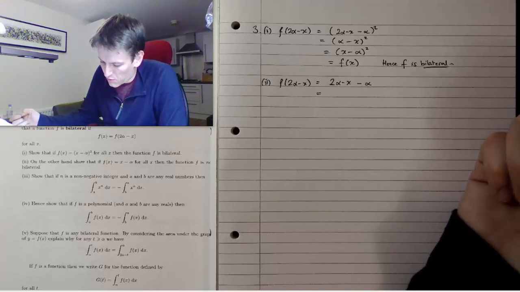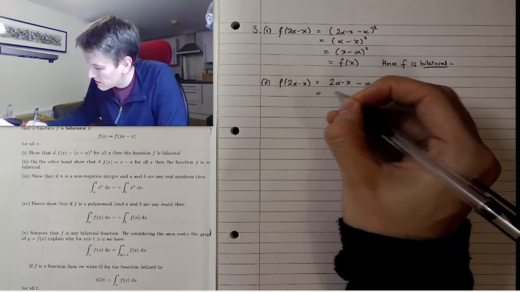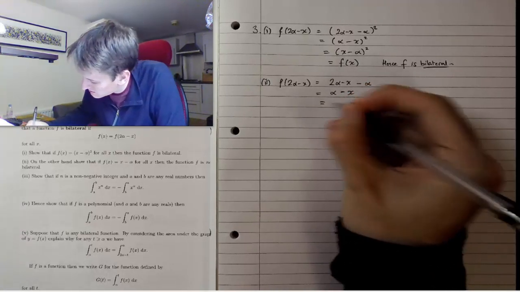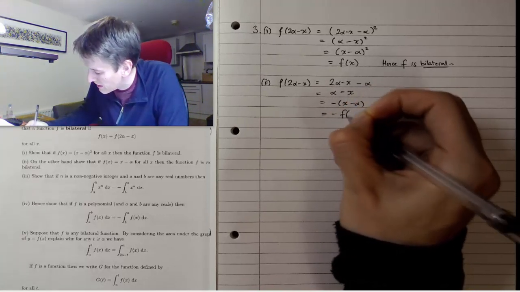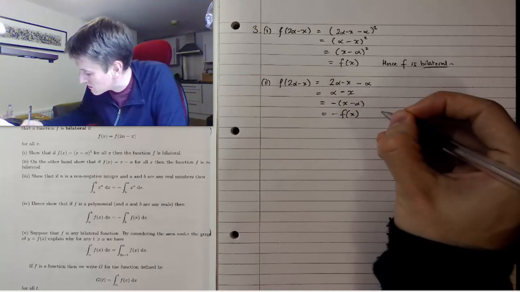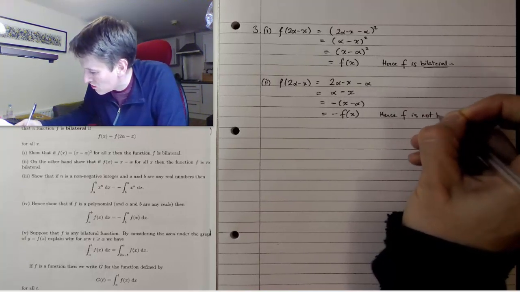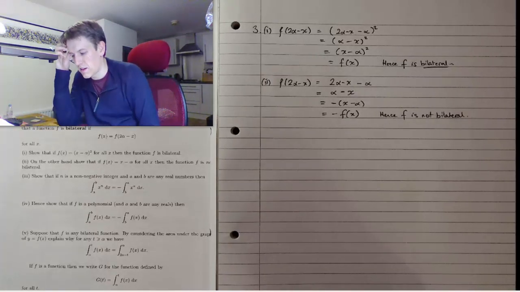Then it'd perhaps be nicer if they'd given these different names here or something, but it's fine. 2 alpha minus alpha is alpha, so we get alpha minus x. Well, this is exactly minus (x minus alpha), which is minus f of x. So in this case, f is not bilateral because it doesn't satisfy the definition.